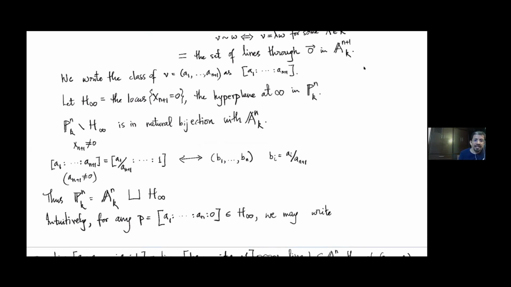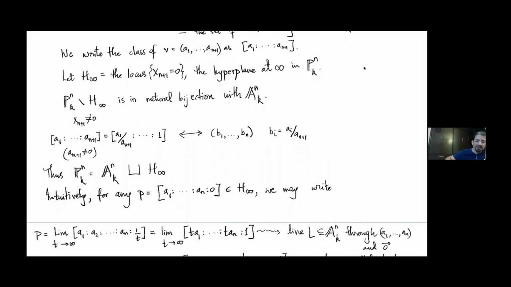We'll let H infinity be the locus x_{n+1} equal to 0. This is the vanishing of the last coordinate in the projective space, and we will call this the hyperplane at infinity. This is an ad hoc choice, but it's convenient initially to think of it that way.